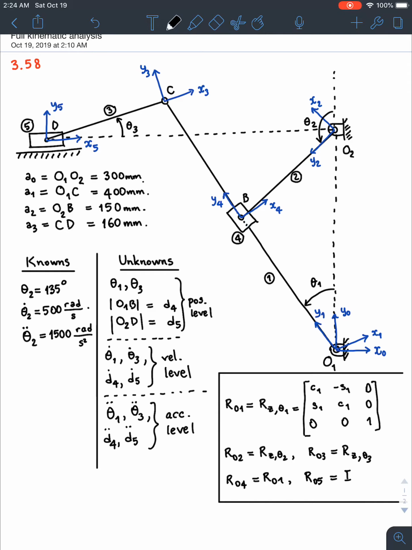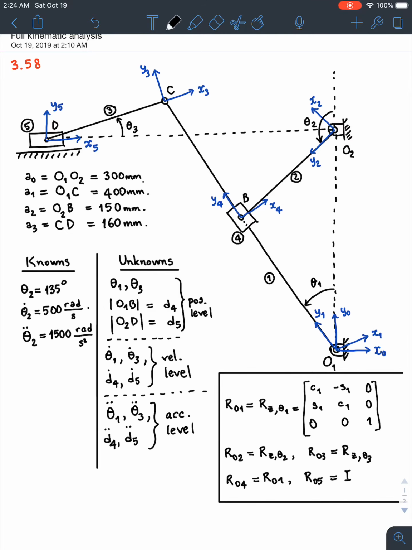It is 400 millimeters. I assigned the symbol A2 to the link length O2 to B, which is the link length of the second link. It is 150 millimeters. The length of link 3, which is the length of the vector that goes from C to D, I assigned the symbol A3, and that is 160 millimeters.